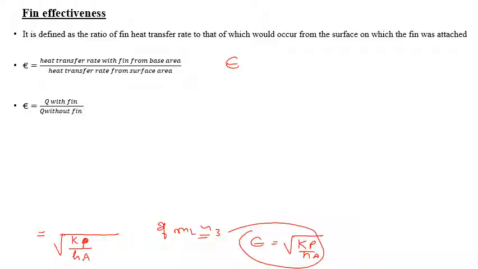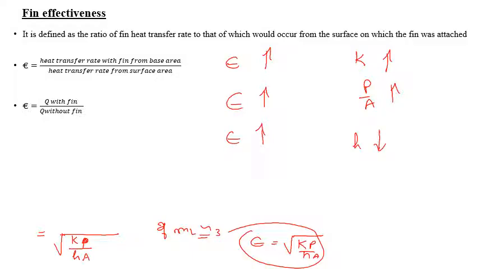Effectiveness increases as the k value increases. From the equation it is very clear that as the k value increases, effectiveness increases, and it increases with the P by A ratio. Effectiveness also increases as the h value decreases.